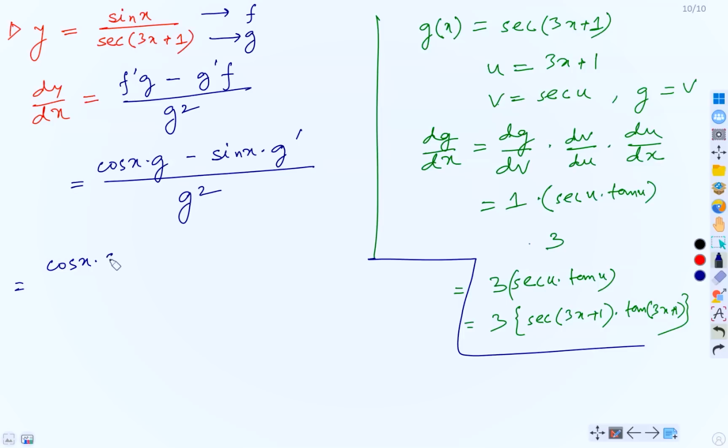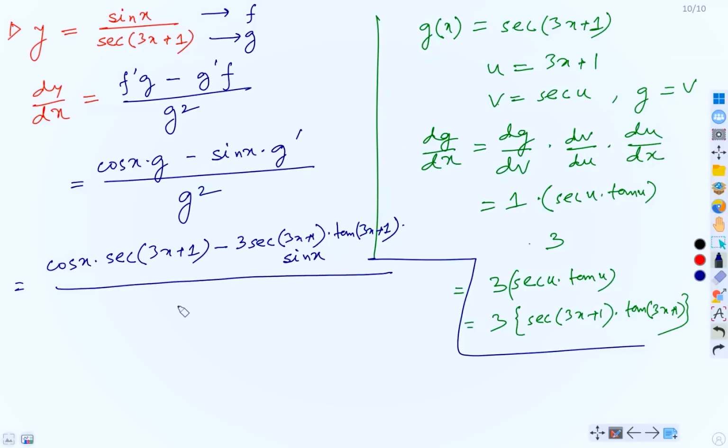Cosine x times secant 3x plus 1 minus 3 secant 3x plus 1 times tangent 3x plus 1 times sin x, right? Yes, upon secant square 3x plus 1.